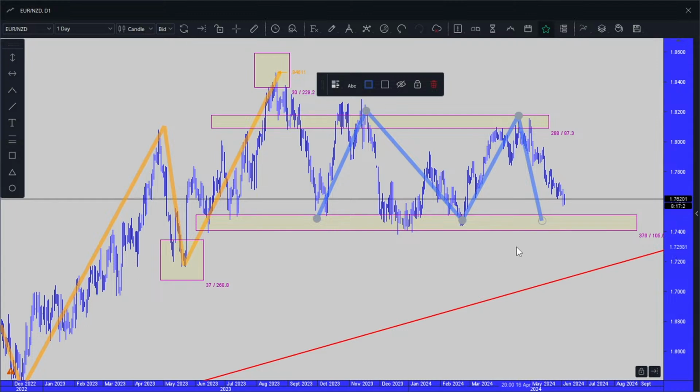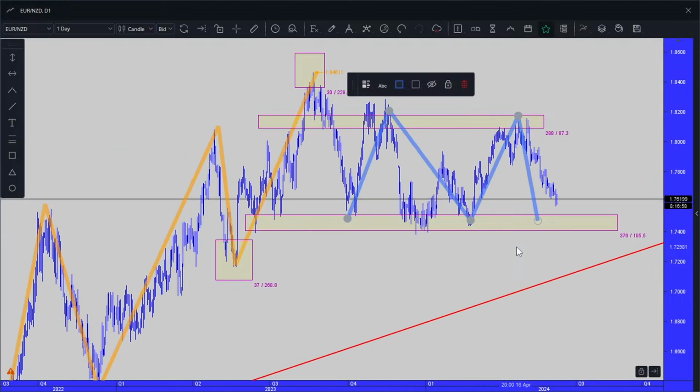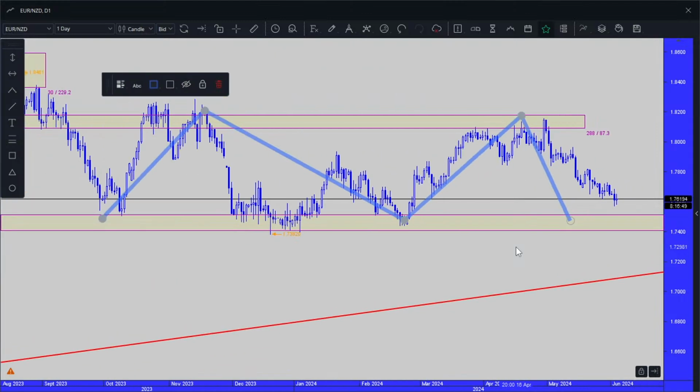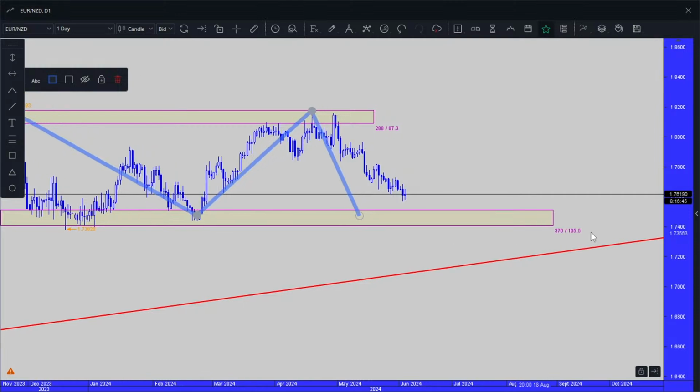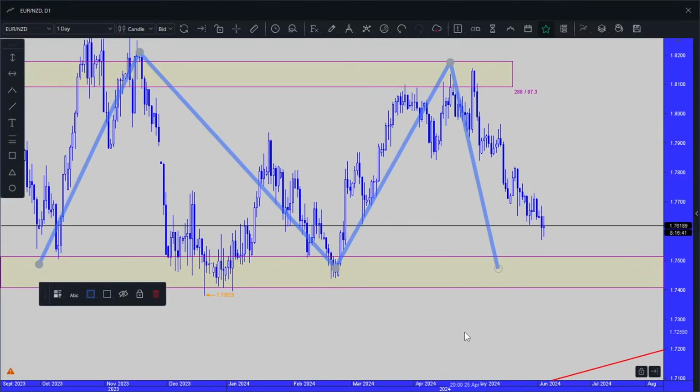So shorting the market right now might not be the best option. Agreed. If you know that this market is in consolidation, shorting the market right now, it's a no-go. Does this make sense, everybody?